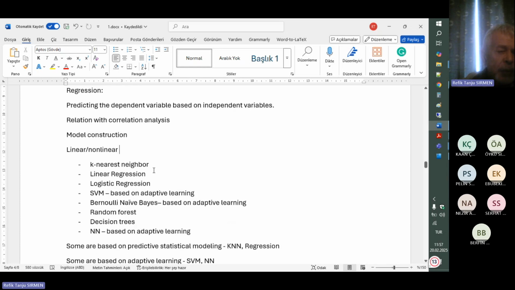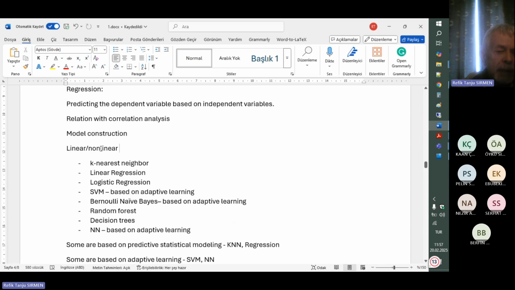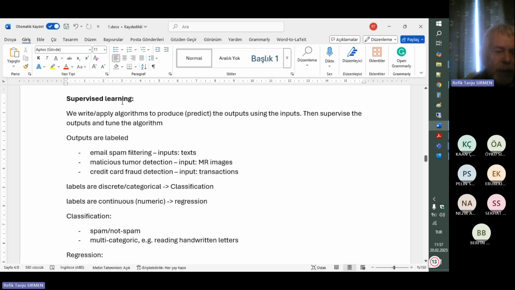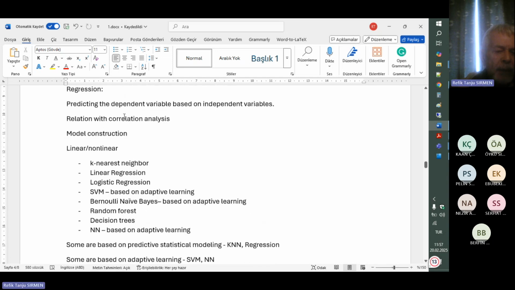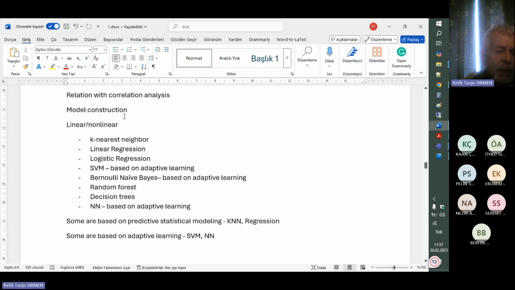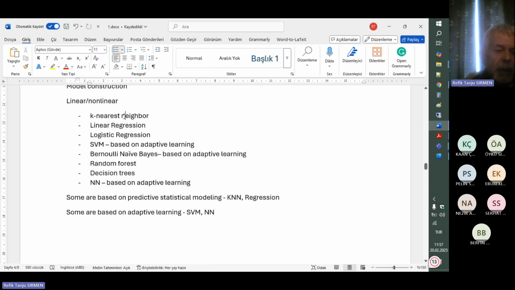And also, as you know, it can be linear or non-linear. And for this supervised learning, we have many different algorithms, and we're going to talk about them one by one. For instance, the k-nearest neighbor algorithm. We covered that algorithm a few times, right? We told about it in the data structures and algorithms course.